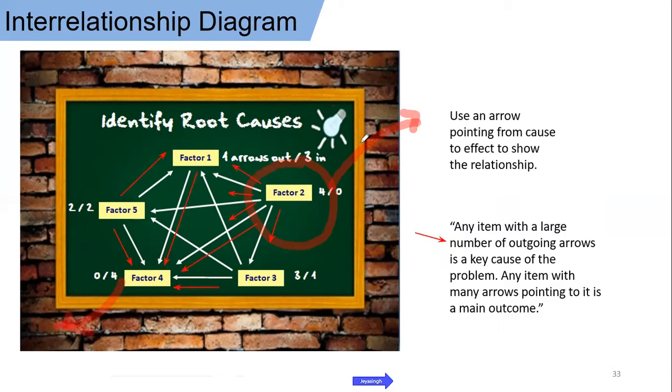So whenever you have multiple reasons for a problem, you want to figure out which one is the root cause and which one is not the root cause but actually the main outcome, which in this case, the root cause being factor 2 and the root outcome being factor number 4.